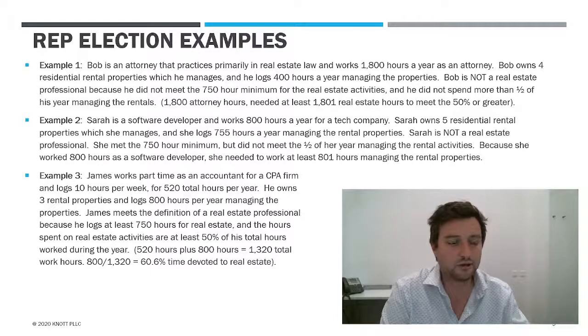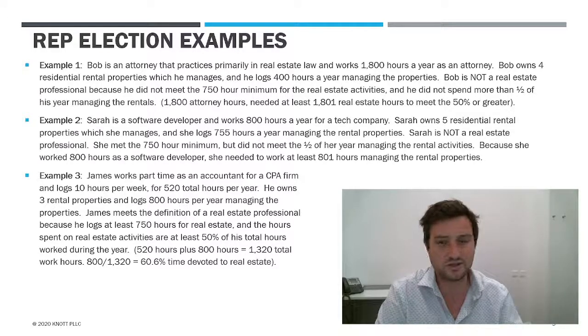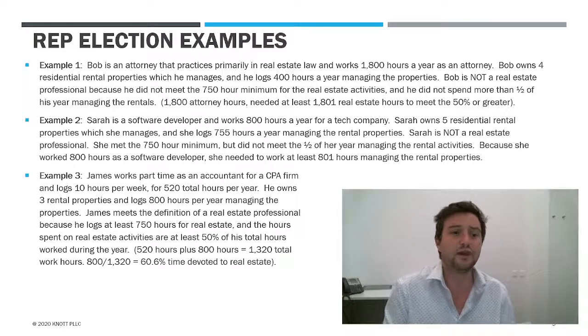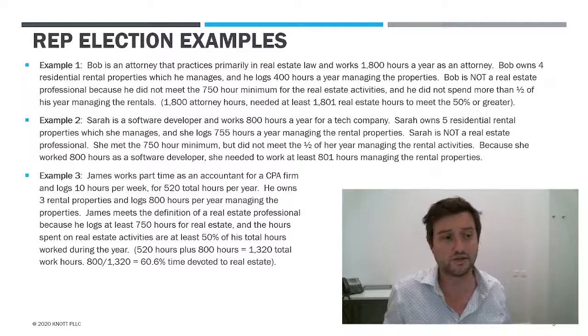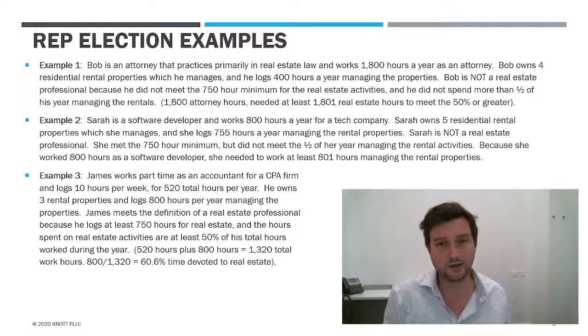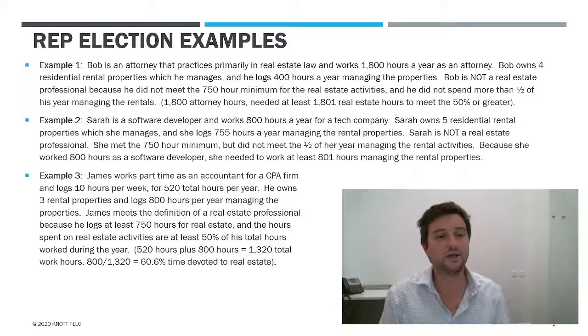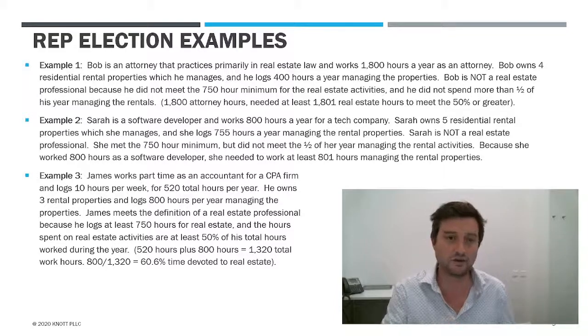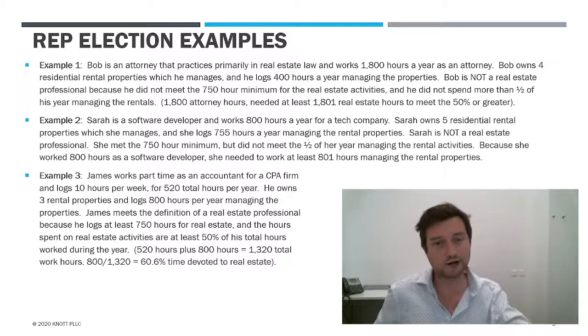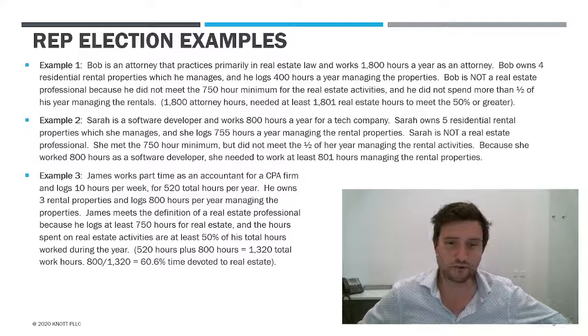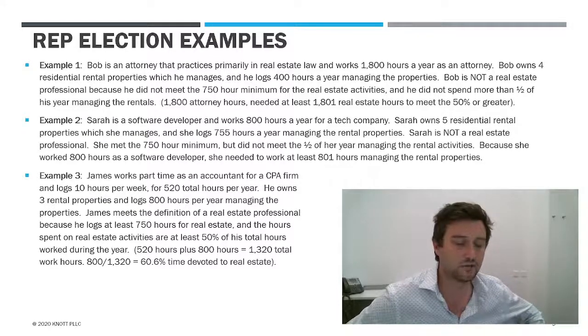They're going to know, okay, look, you've got a W-2 salary, you're an architect or a doctor, or you work as a tech developer or something, and you have all this extra money to invest in real property, but your hours are definitely not there, and so they just know that this is going to be a win for them, and they audit you, and they normally do win. It's an uphill battle if you get audited for this election and your hours aren't verifiable under these rules.